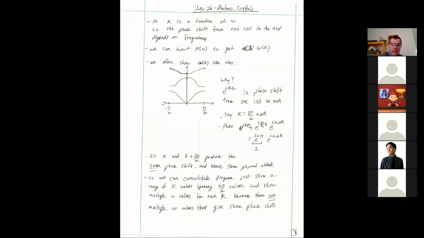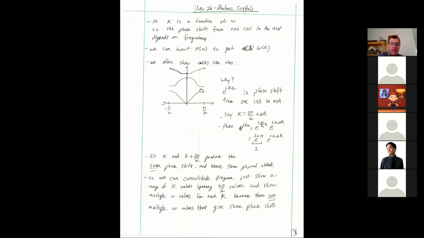Then e to the ik is e to the i times 2 pi a over a, e to the i a delta k. 2 pi a over a is just 2 pi, and e to the 2 pi i is 1. So if I add 2 pi over a to my wave vector, I haven't changed anything, all right? Adding 2 pi over a to the wave vector hasn't really changed anything.